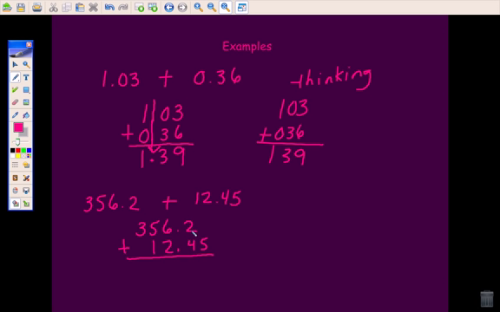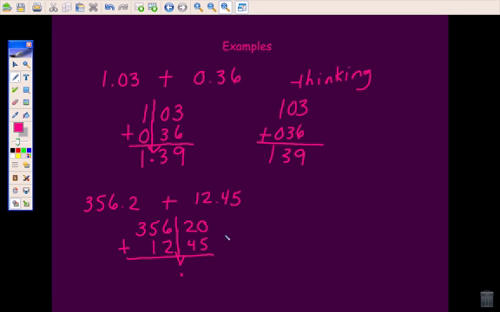Now, in order to be successful when we talk about subtraction, we're going to practice something with addition. We're always going to put zeros in to hold the place to make it that much easier to add, and it's going to save you a lot of headaches when you subtract. So I put that 0 in even though it wasn't here in my original number. So I want you to drop down your decimal. You're done with it? And add like normal.